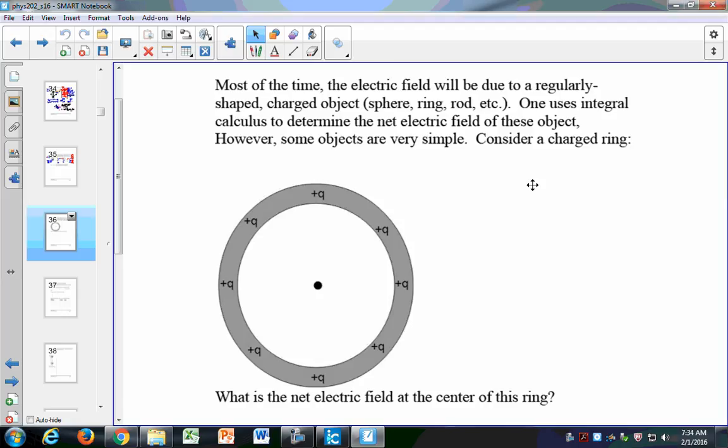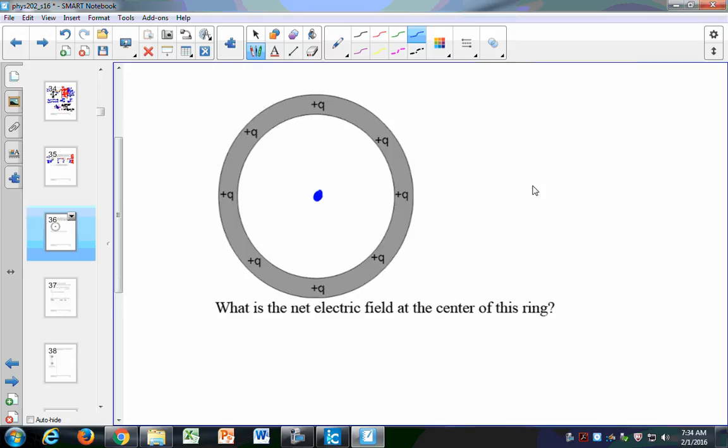Now a ring is very simple, especially if I'm looking at the electric field due to the ring at the very center of that ring. And we've done this before, but if we want to find the electric field of this ring at the center of the ring, then we break it into differential elements.